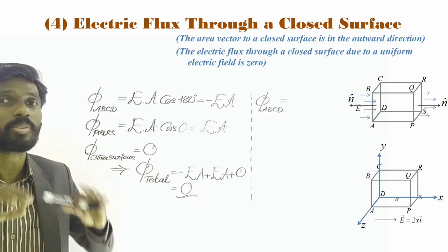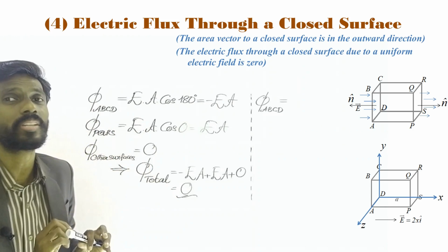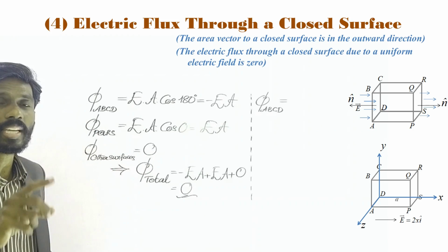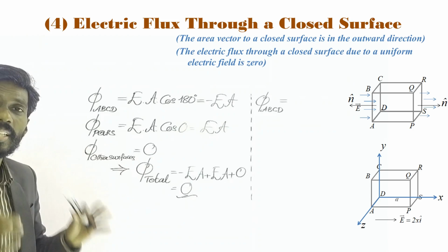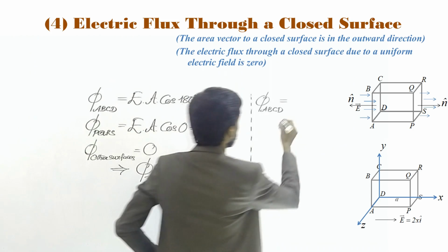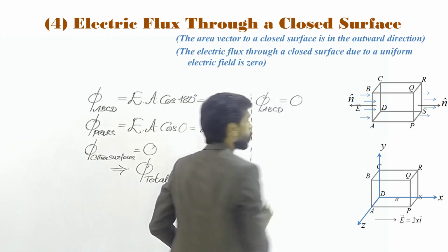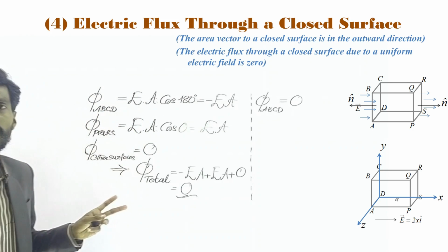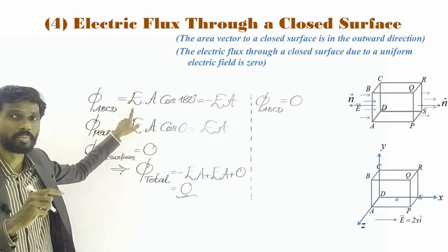That means the x value is 0 at any point on the surface. You understand? That means what is the electric field? Because the electric field is 2x i cap, but x is 0, the electric field itself is 0. So the electric flux is also 0. Electric field itself is 0, so electric flux is 0 obviously, because it is E multiplied by A, and E itself is 0. Okay, done.